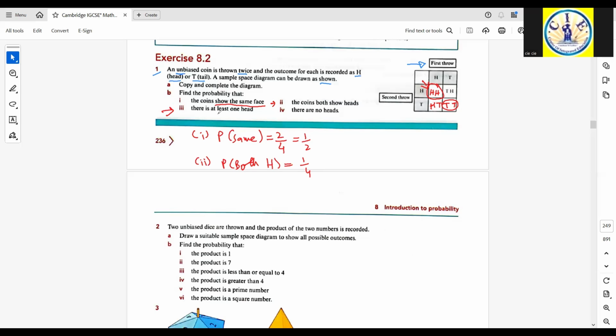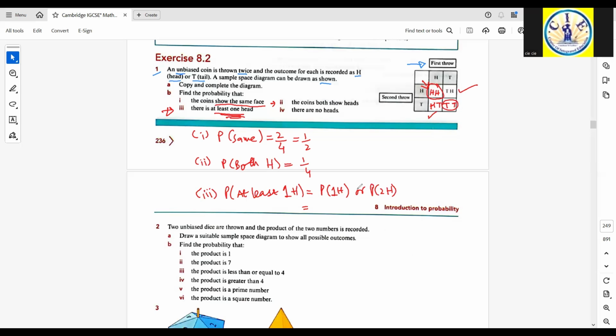Okay, now part 3. There is at least one head. At least one head means either it is one head or even two heads. So for one head, we have got either this one, tail head, or this one, head tail.